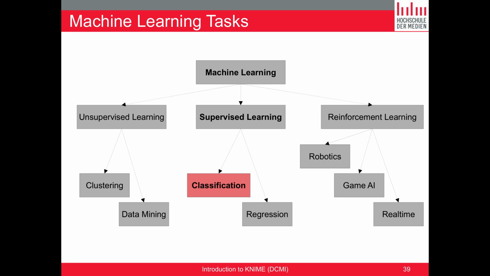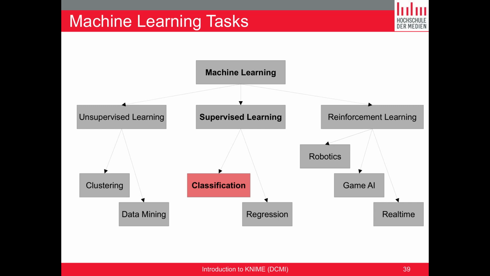Regression is supervised learning when it's not about a strict classification, but rather the learning of a number of some variable that you actually want to get, like for example stock values.